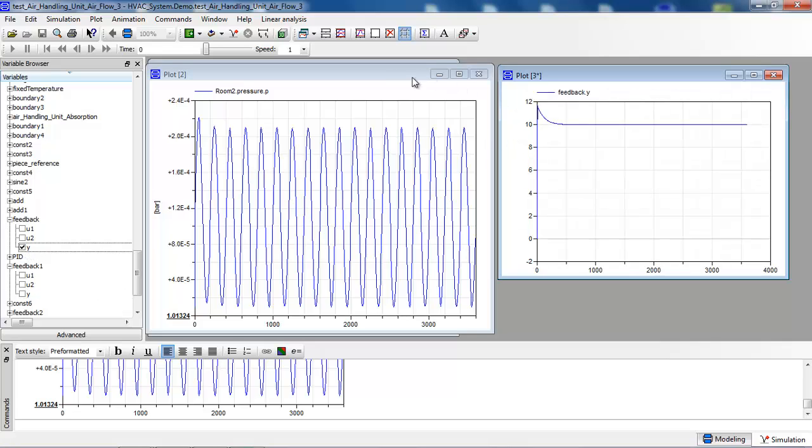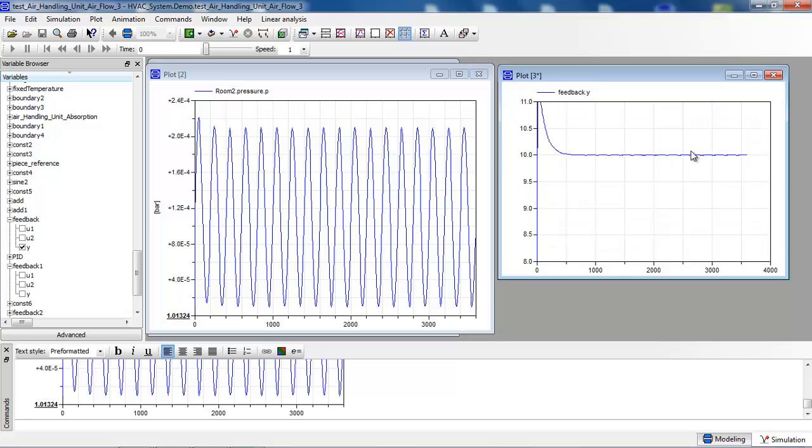And here the pressure difference between my room and my reference room is given by this feedback, and we can also see that the pressure is maintained at 10 Pascal.